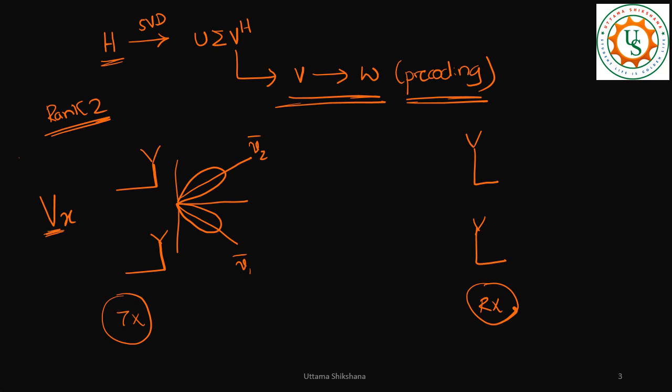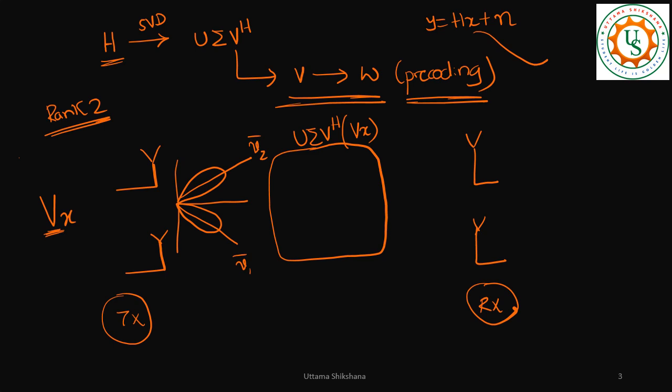Now soon after we transmit over this channel, which was U sigma V Hermitian, we have transmitted V into X. If you take the model y is equal to Hx plus n, this x is now V into X. Let's say this is X tilde, so V into X. So now we have U sigma V Hermitian V X. This V Hermitian V is actually identity, right?